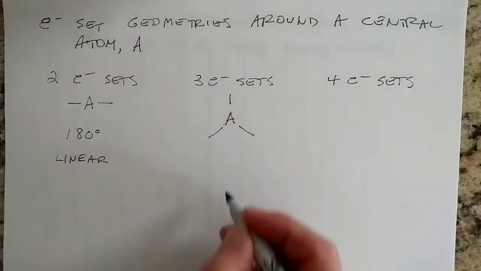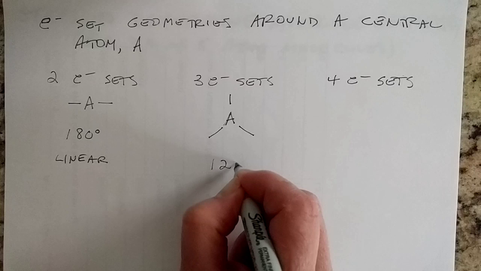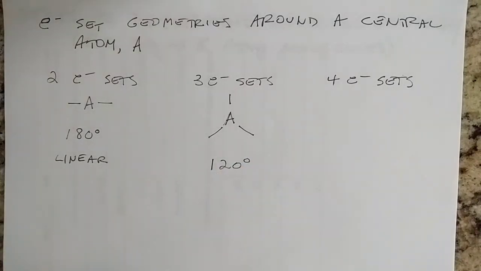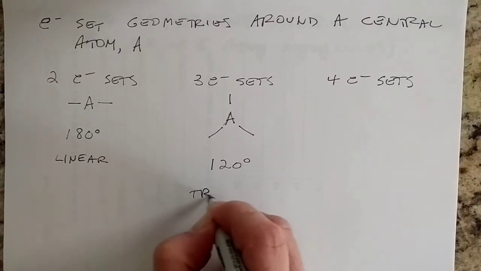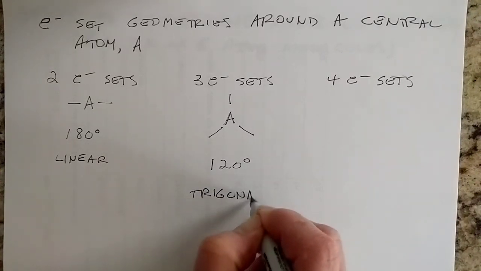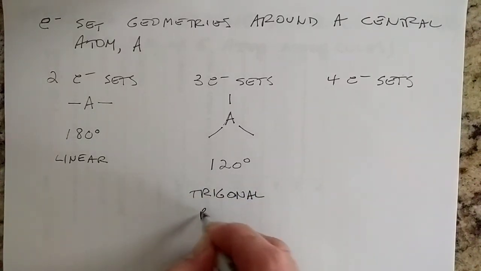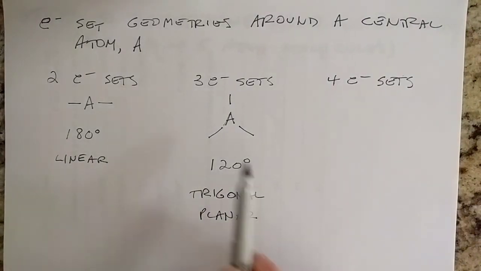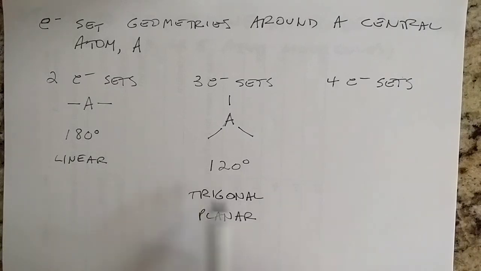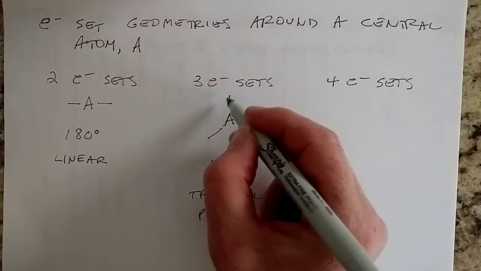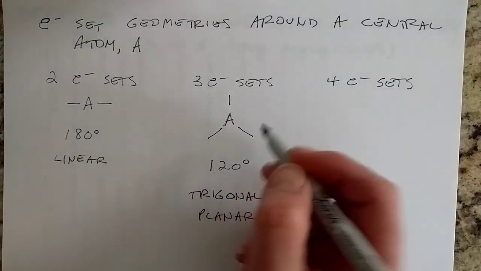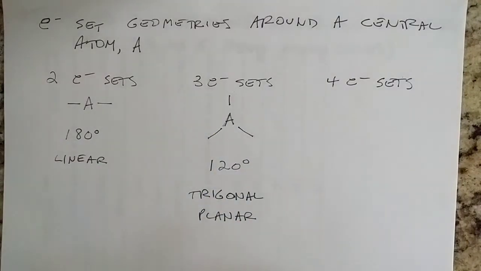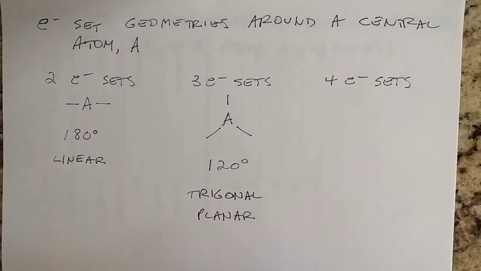So our angle here is 120 degrees. And we call this trigonal planar. It's trigonal because we have three sets, making a triangle. If we connect the edges here, we would get a triangle. And it's planar because our sets are all in the same plane.